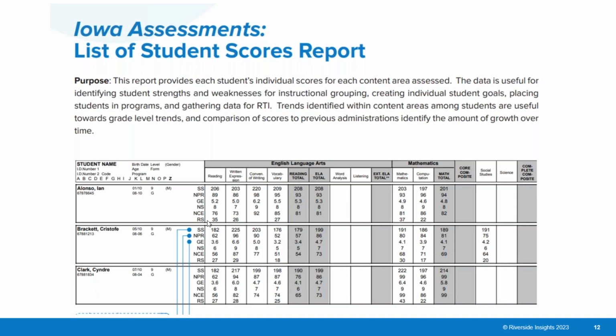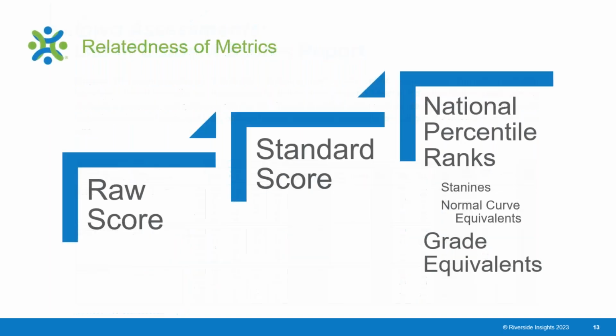The next slide shows the hierarchy of these things. We collect information from the individual student. That individual student answers questions, gives us their responses, and we call that observed score their raw score, what they actually shared with us at the time of administration. Because there are multiple versions of the Iowa assessments, multiple versions of other types of assessments, the typical practice is to take those raw scores and translate them to a standard score.